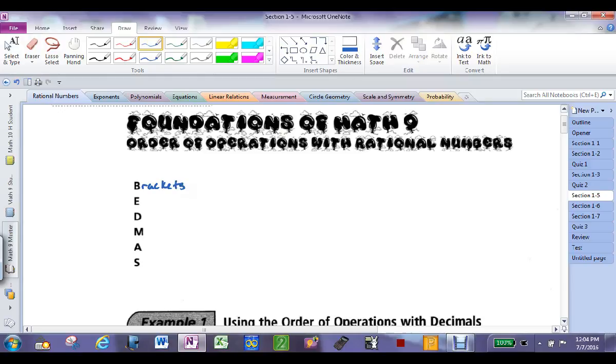Now, here's the problem with brackets. These brackets, guys, must contain a math operation.